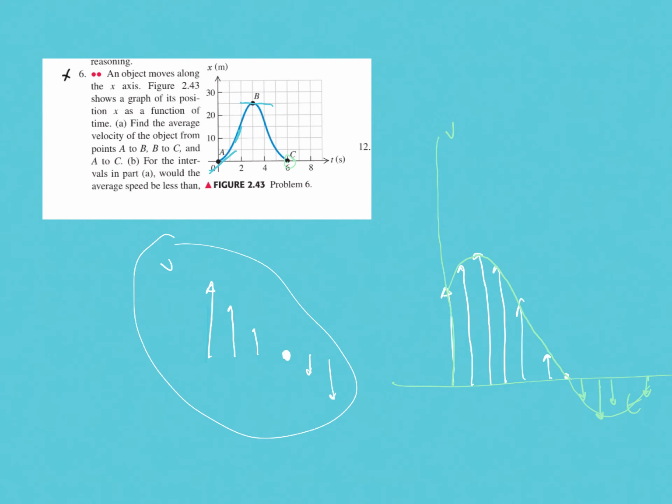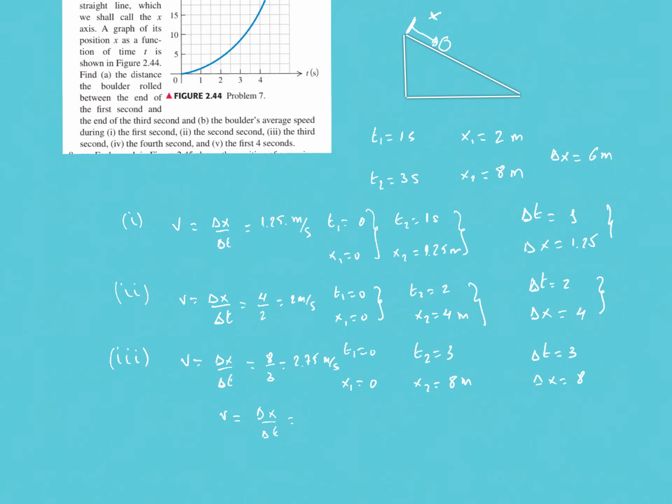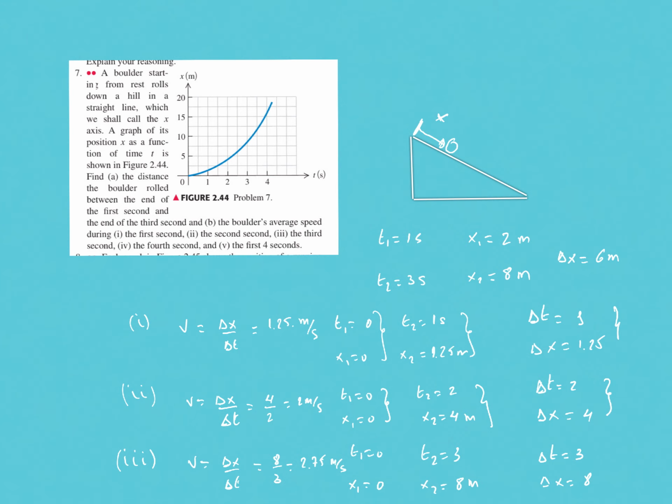Please read the following question and try to solve by yourself. This problem is about a boulder that is rolling through a hill, and it says that the equation of motion for the position of the boulder is here, x versus t. At t equal 1 second, I see this is 2.5, so I may see 1.25, half of 2.5.